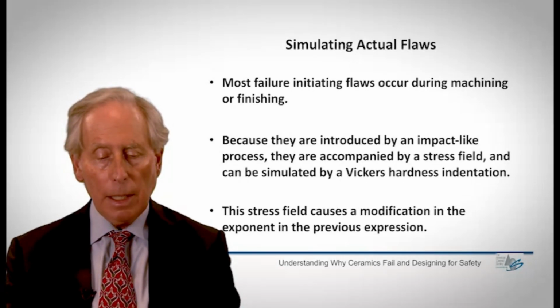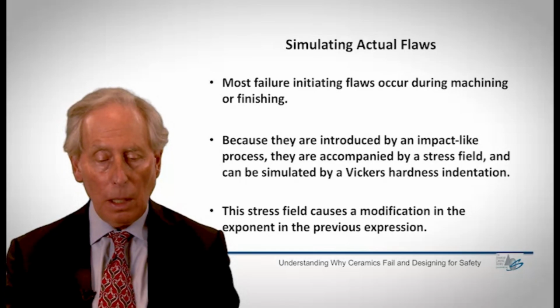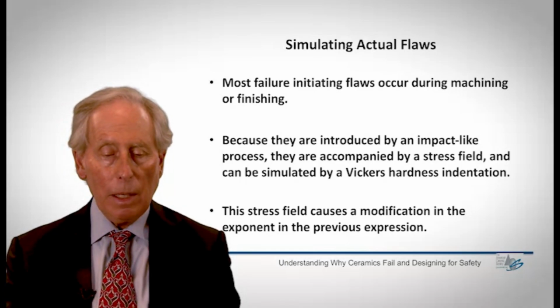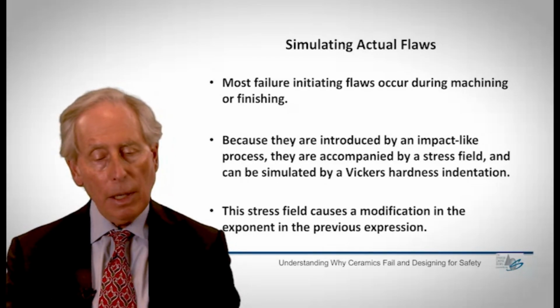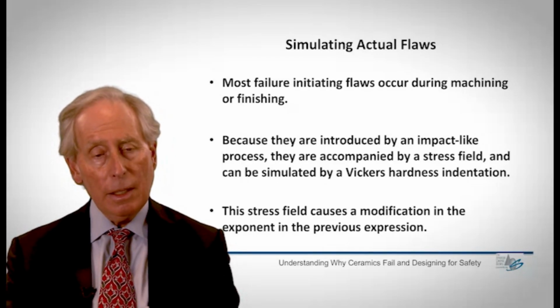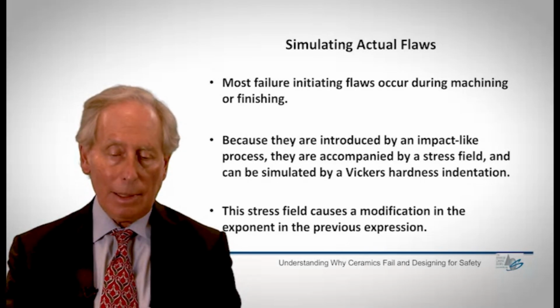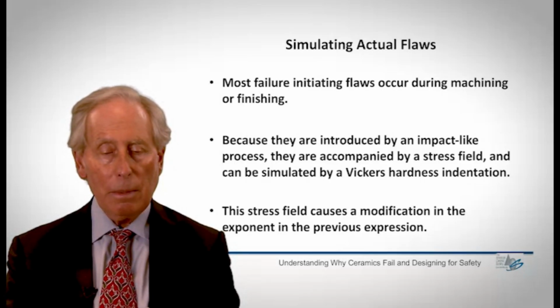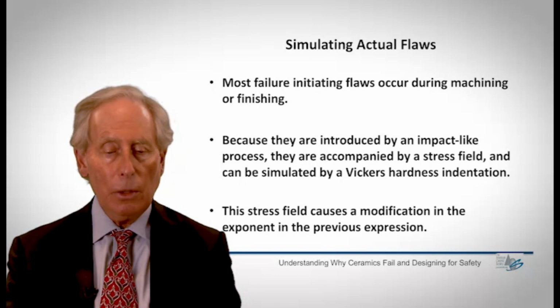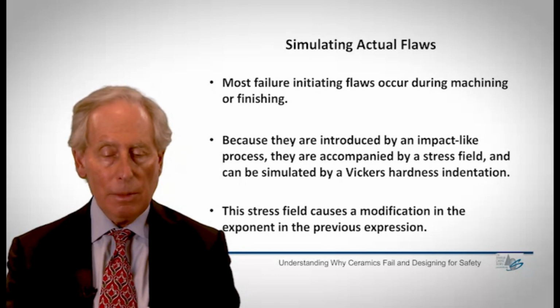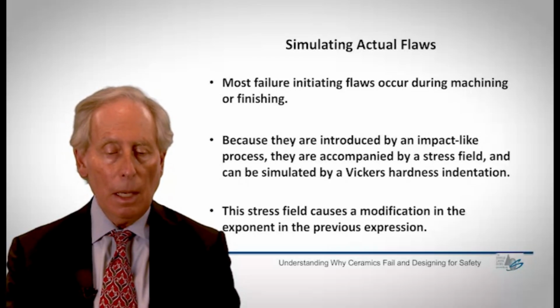But because we are looking at real flaws and want to simulate actual flaws, and most failure-initiating flaws occur during machining or finishing, which I've said a number of times, and machining is an impact-like process, they are accompanied by a stress field. I strike the material in some way, and not only do I produce a small crack, I produce some damage and some stress near the crack. We talked a bit about that too.